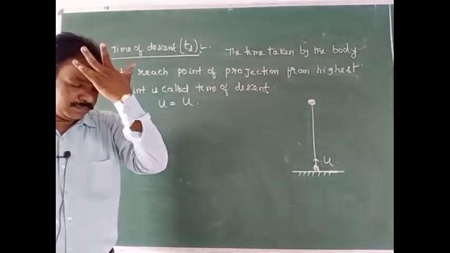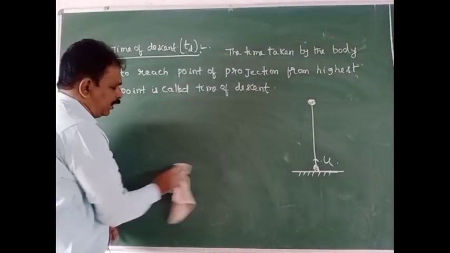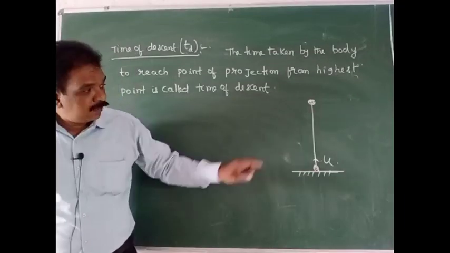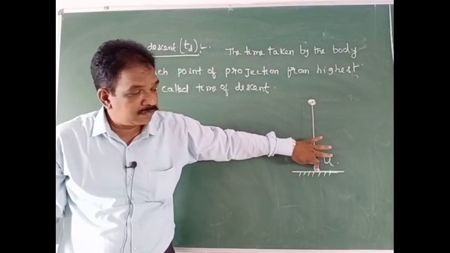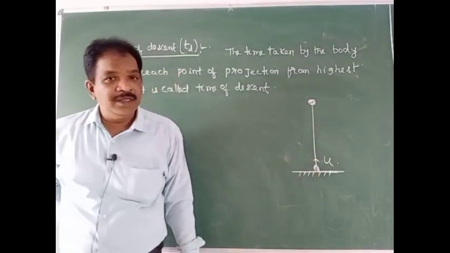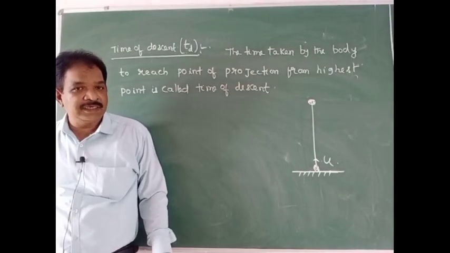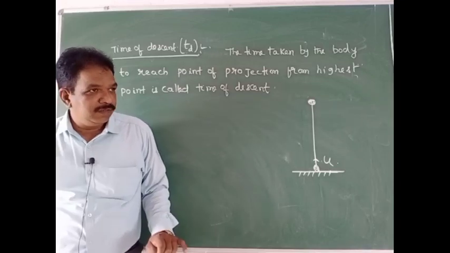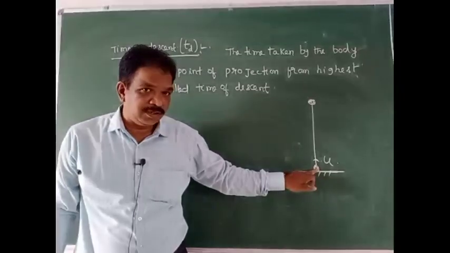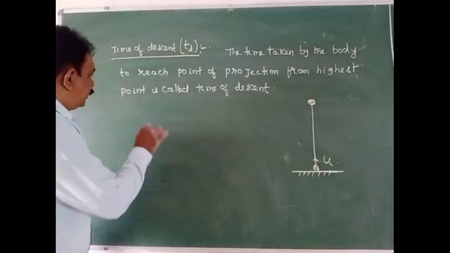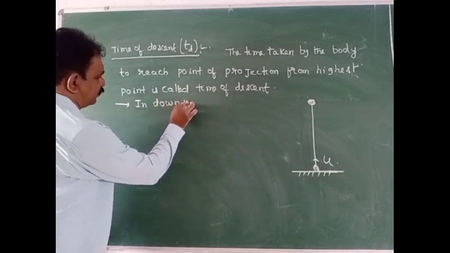What we have to calculate: from here to reach here, how much time the body is taking. That time will be called the time of descent. Means the body is starting from here, it is reaching here. So we will consider the downward journey.